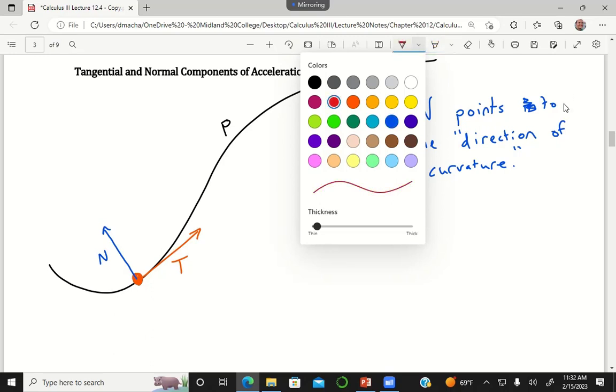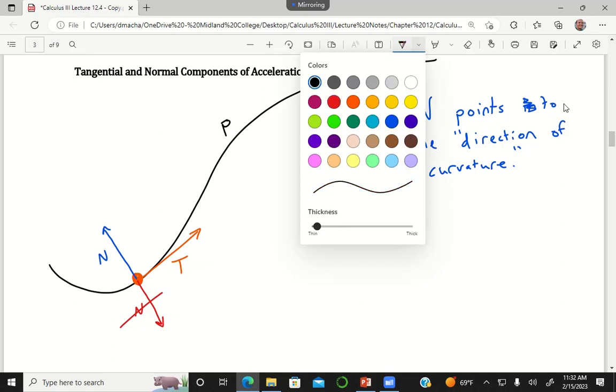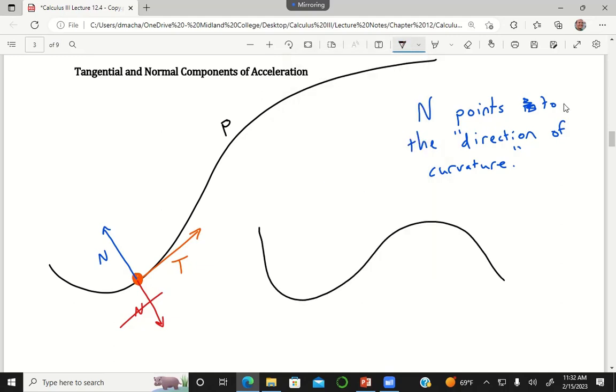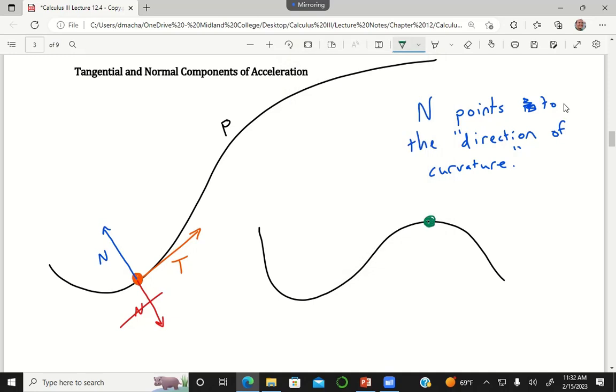This capital N is never going to point away from the curve, right? So this is not a capital N, obviously, just because it's pointing away from how the thing is curved. If this is my curve, right here at this green point, would my principal unit normal vector be pointing up or down?